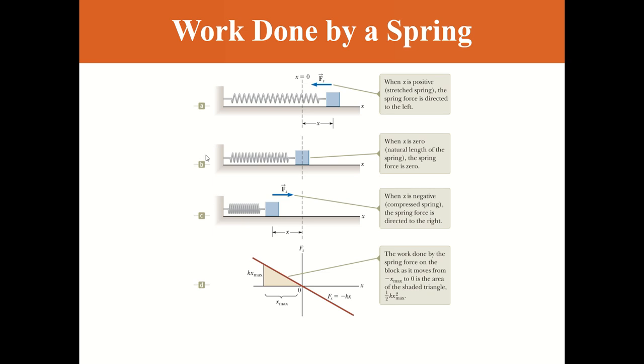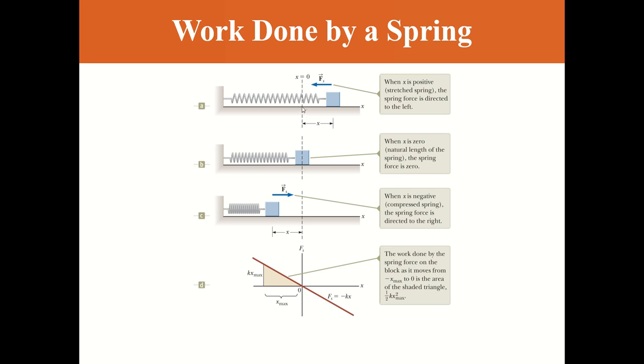That's indicated in panel B. Panel B is the natural length of the spring, also called the equilibrium position, or the unstretched or uncompressed state of the spring. So in panel B, the spring is in equilibrium, neither stretched nor compressed.